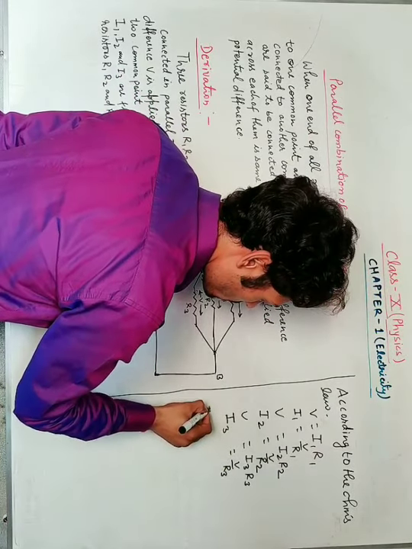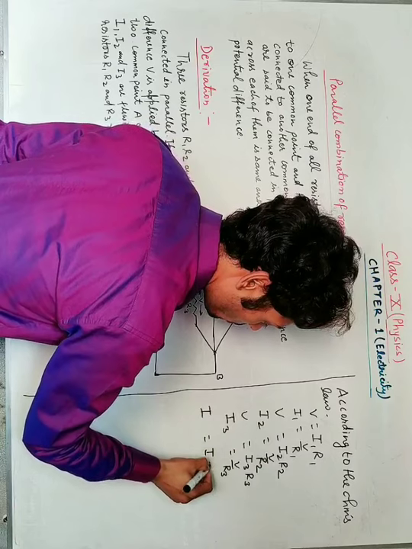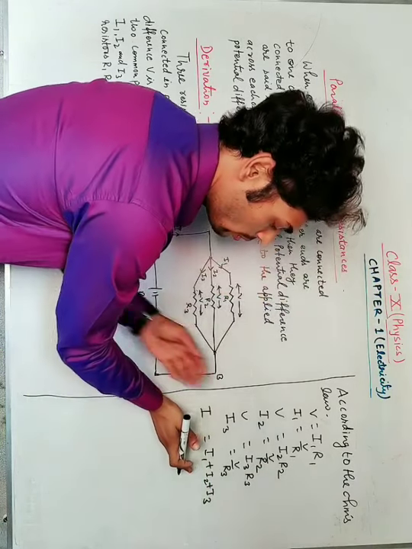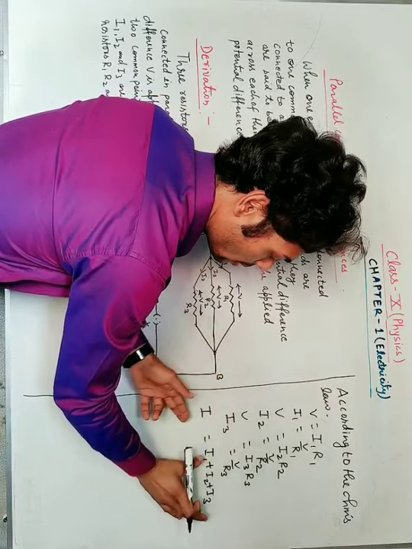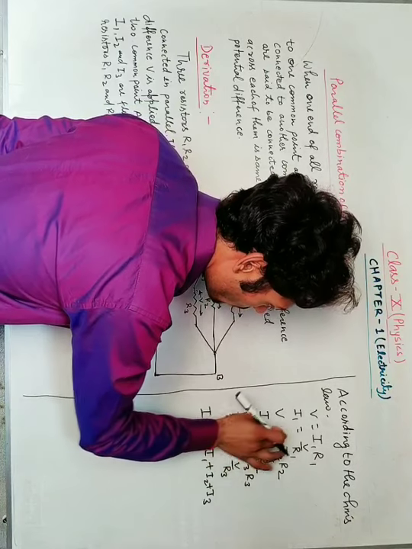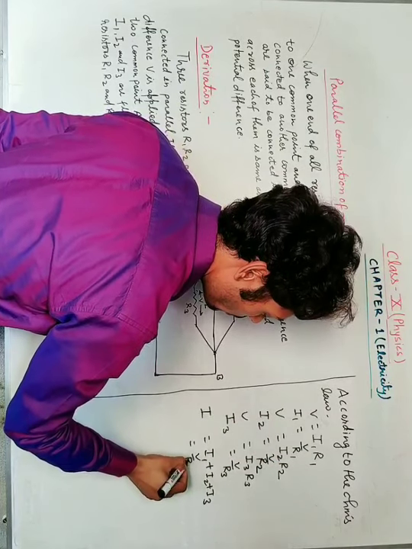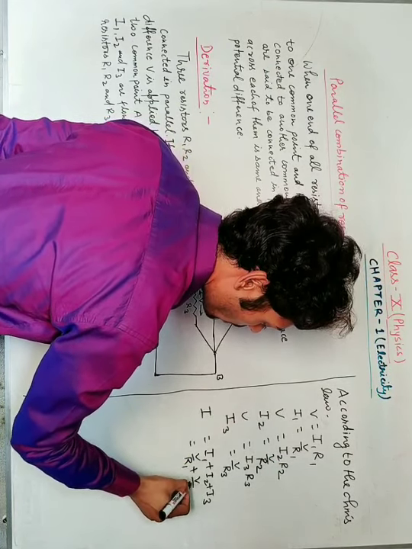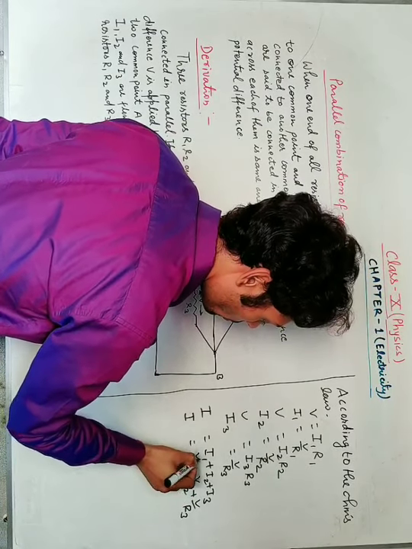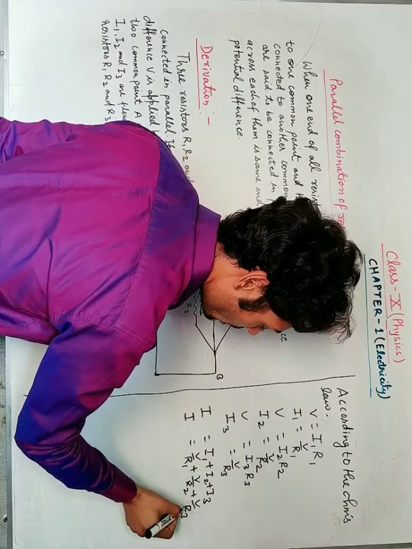And we know that I equals I1 plus I2 plus I3. Putting the values of I1, I2 and I3, I equals V upon R1 plus V upon R2 plus V upon R3.